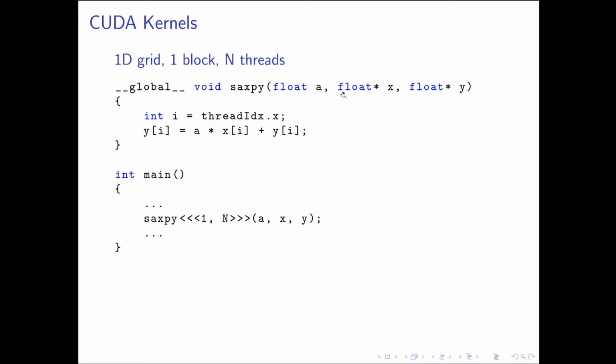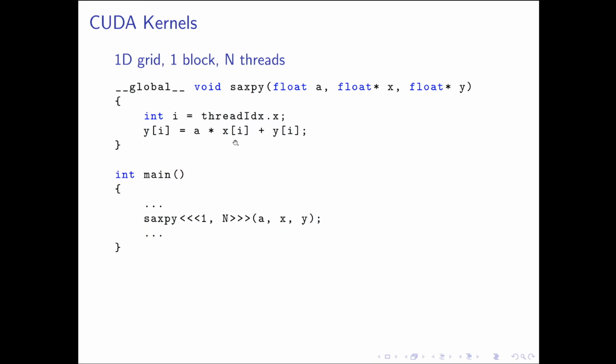And then we have two pointer parameters, and those pointer parameters are also copied into the kernel by value. And those pointers are so-called device pointers. So that means that we have to make sure that the data that we pass into those kernels actually lives on the device. So the pointer will point to some memory region that is accessible from within the device.